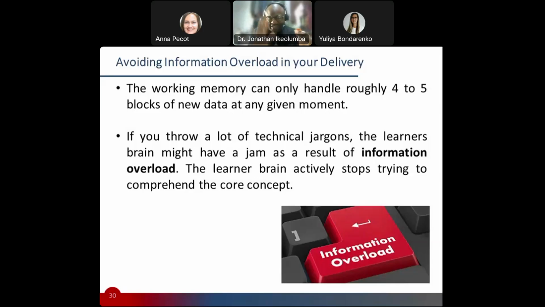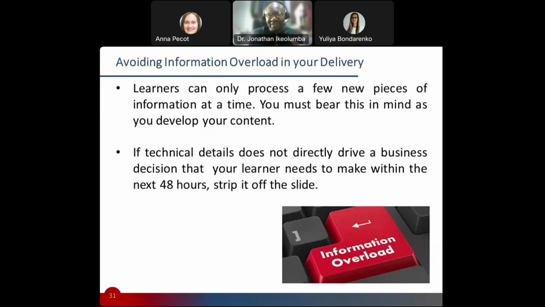So what is this, right? It's almost like processing at the same time as I'm listening to you. So you've got to be very careful about those things when you deliver technical training, right? And the point is that learners only tend to process few pieces of information at a time. So you must always bear this in mind, that learners process few pieces of information at a time.